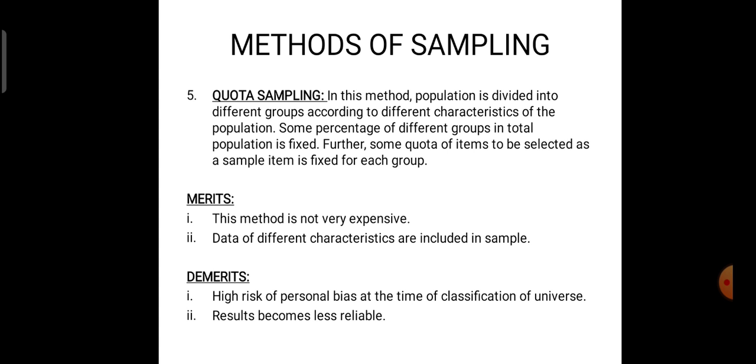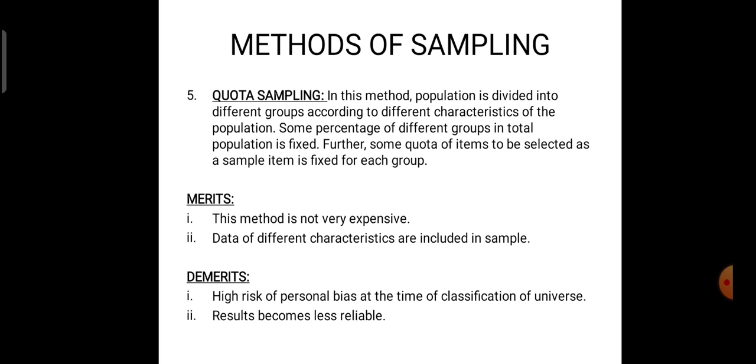Now coming to the demerits. High risk of personal bias at the time of classification of universe. See, we have studied that the quota is fixed at a certain percentage, and when we classify the data, we fix a certain percentage of including the items in a particular group. So at that time the investigator can include those items that he likes to include in that particular group.